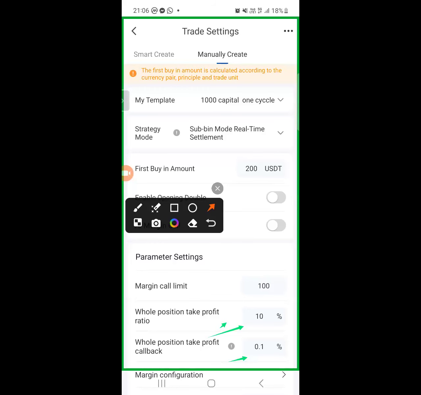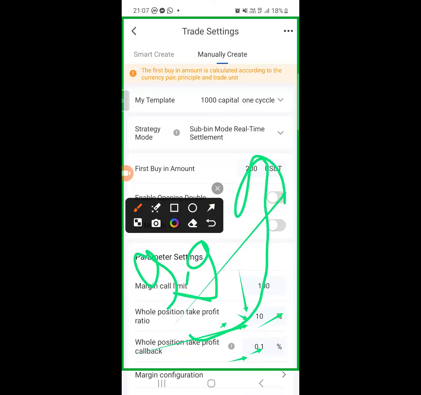So let's say the take profit hit the 10% and it didn't go beyond the 10%. So if it hit the 10% and it's falling down, the robot will remove this 0.1 from the 10% and give me 9.99. But if the coin goes above the 10%, then I will win more than the 10%.